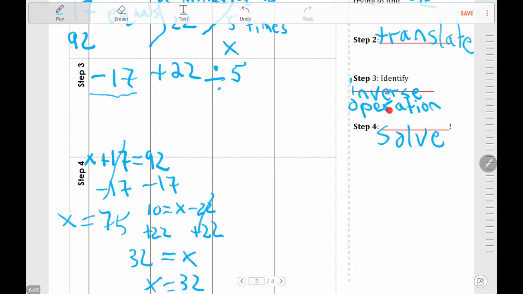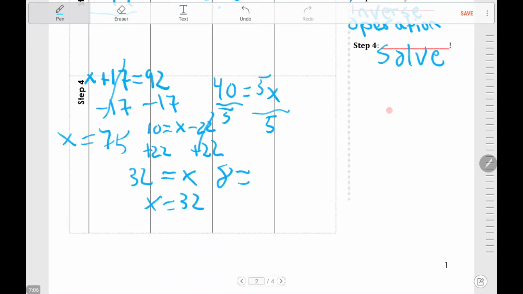And now watch the magic. So you got 40 equals 5x. Now we divide by 5. What's 40 divided by 5? If you said 8, you are right. And we cancel these out. We get x. And again, you could write it with x on the left side.